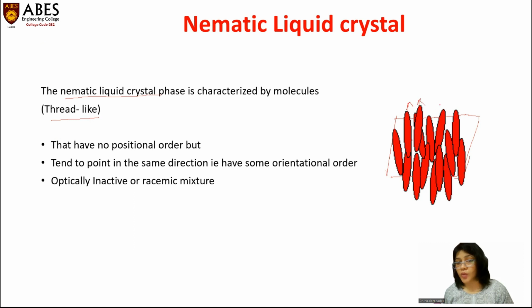So basically, nematic liquid crystals are those liquid crystals in which the molecules on an average do not possess positional order, but they possess some orientational order. This nematic liquid crystal has one of the major properties that it doesn't show any optical activity, or we may say it is optically inactive, or it is a racemic function.